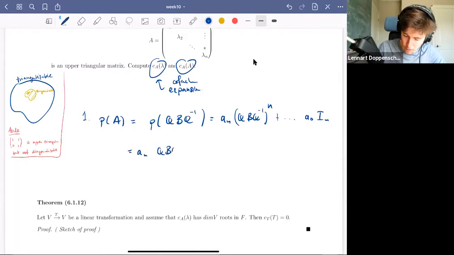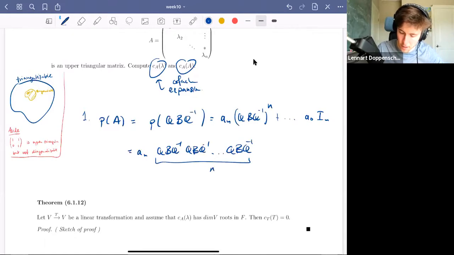So if we have Q B Q inverse, Q B Q inverse, Q B Q inverse, n times, we see that the Q inverse and the Q's in the middle all cancel. And again, as before, we can replace I_N with Q I_N Q inverse.